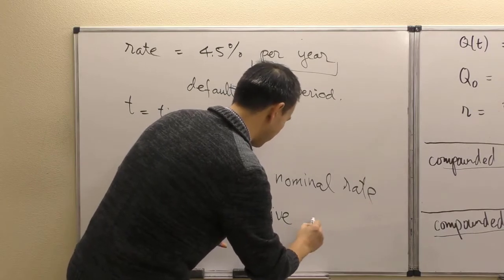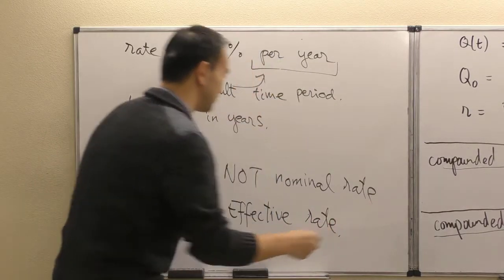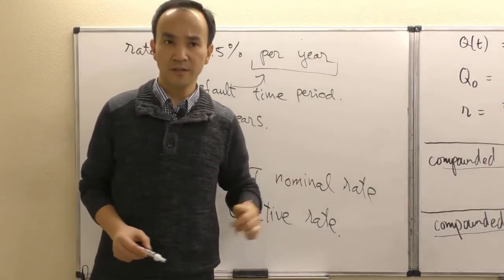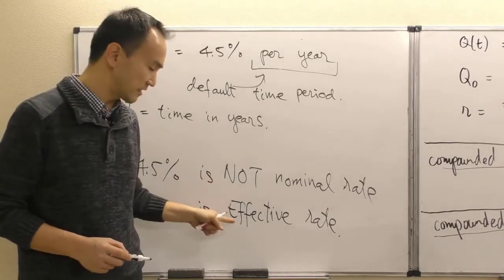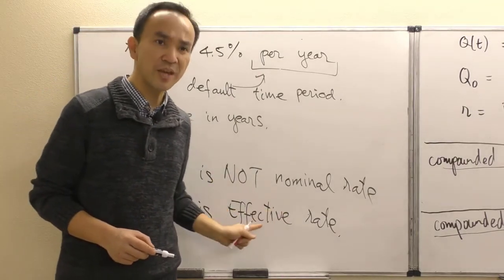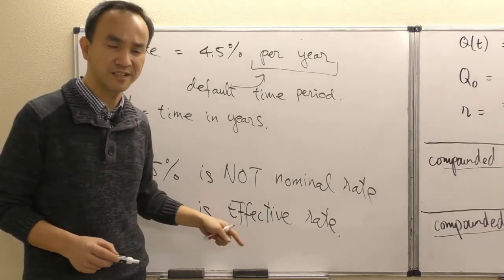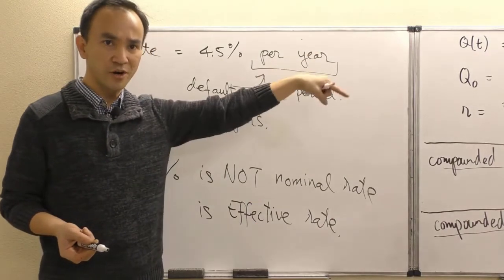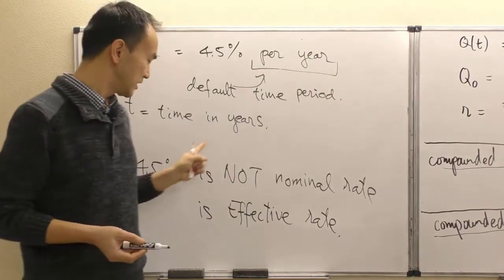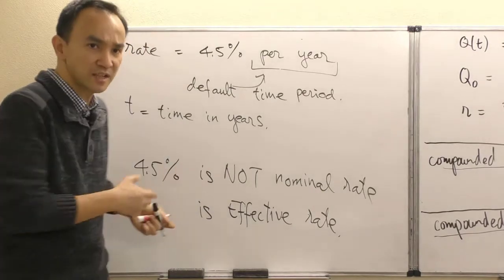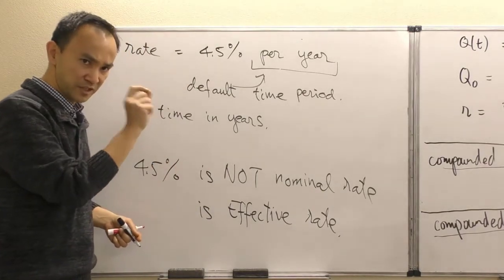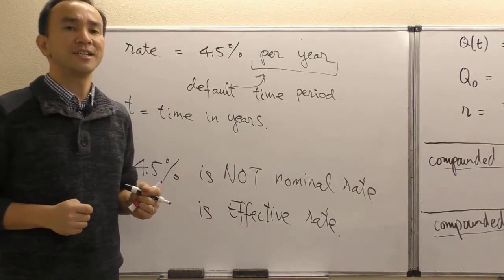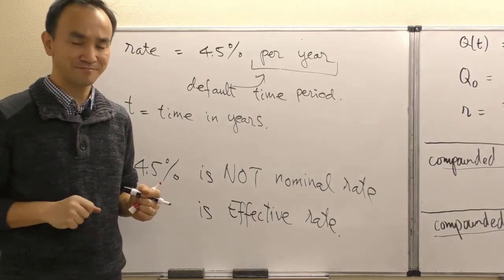This rate right here is not the analogous nominal rate. It is analogously the effective rate. When I say it is the effective rate, I mean it's similar to the effective rate when we were growing our money continuously. The only thing we can say is that we have observed a growth of 4.5% yearly. All right. So that's the connection.